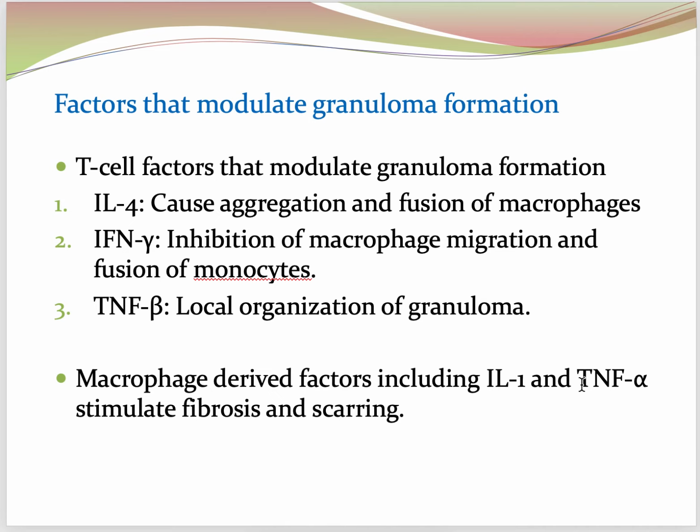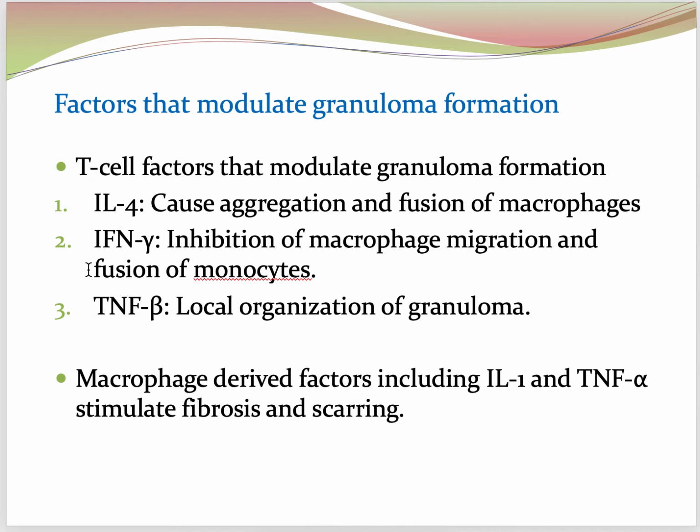Now there are some factors that modulate granuloma formation, and these factors can be derived from different immune cells. Some factors are derived from the T cell. We call them T cell factors. The T cell factors that modulate granuloma formation are interleukin 4, interferon gamma, and interferon beta.